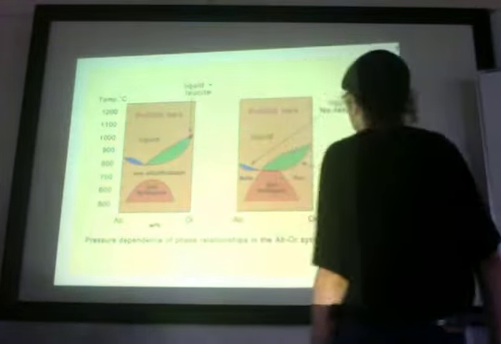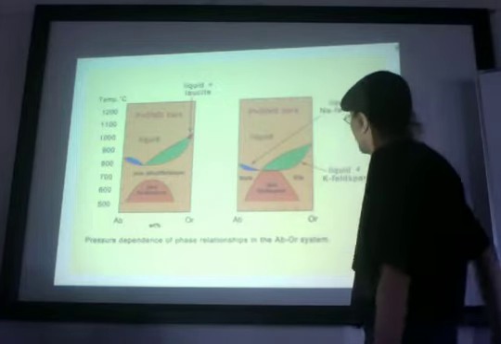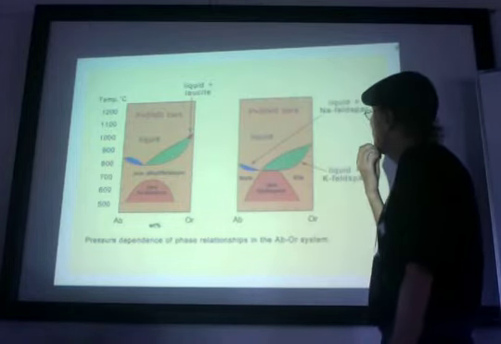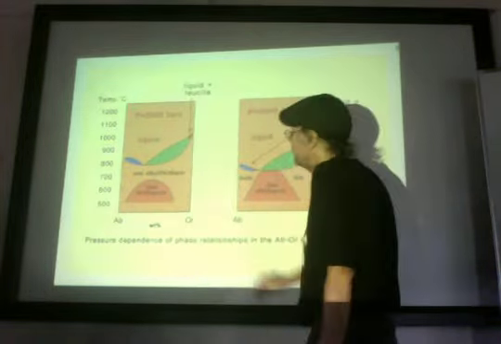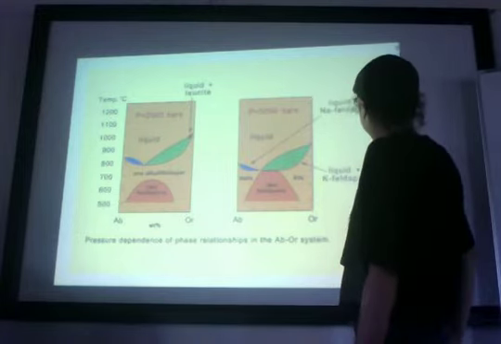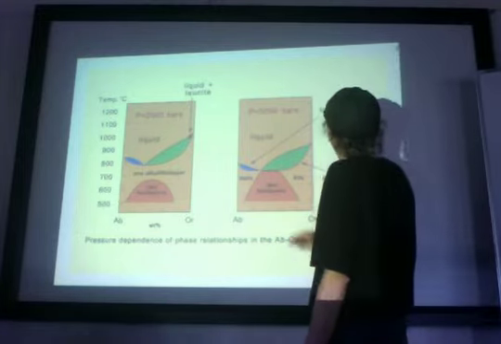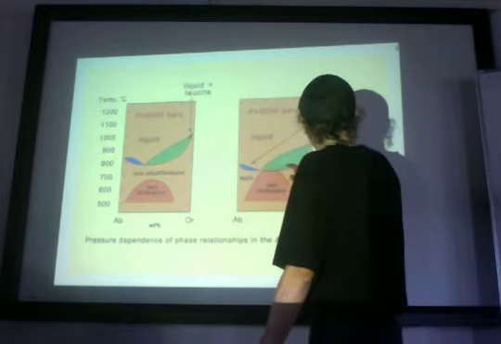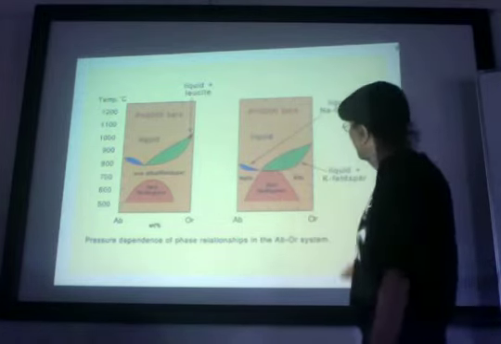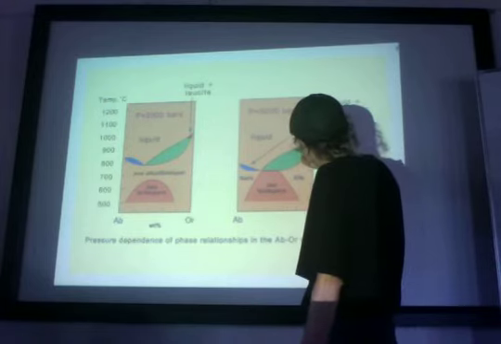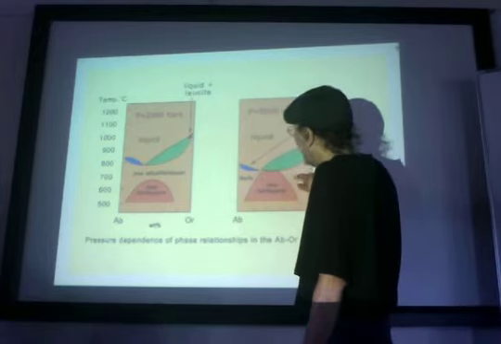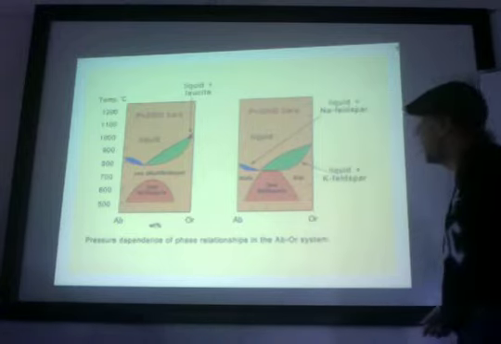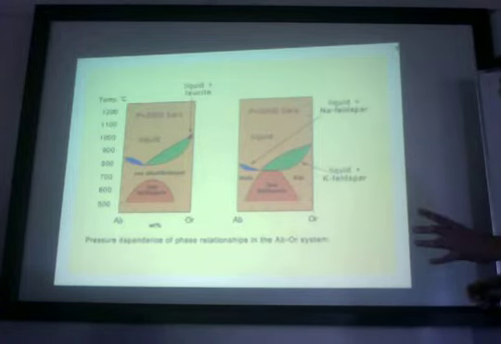If we increase the pressure to 5 kilobars, then we do not have one alkali feldspar here. We have our liquid plus sodium feldspar, and here we have the K-feldspar. If you are running here, then you are crystallizing from here to there. But below, you do not have one alkali feldspar, you are automatically forming two feldspars.